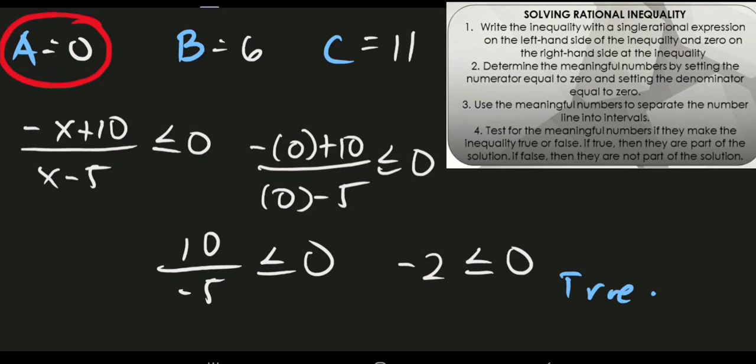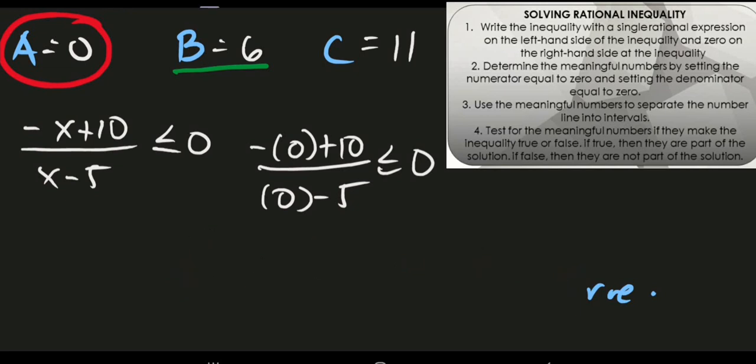Next, let's try to test interval letter B. Let's try to use 6 as our value of x. So if we have 6 as the value of x, it will give us negative 6 plus 10 all over 6 minus 5, and that is less than or equal to 0. And let's simplify.